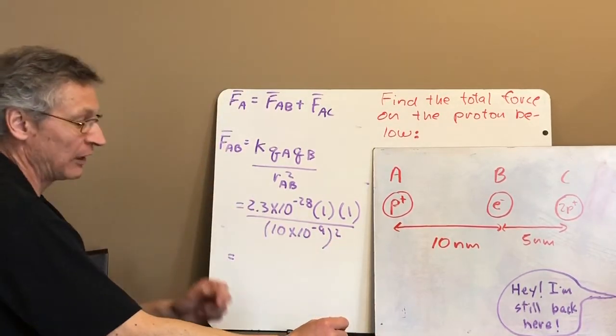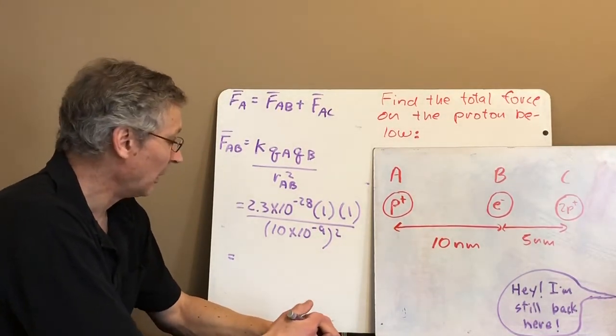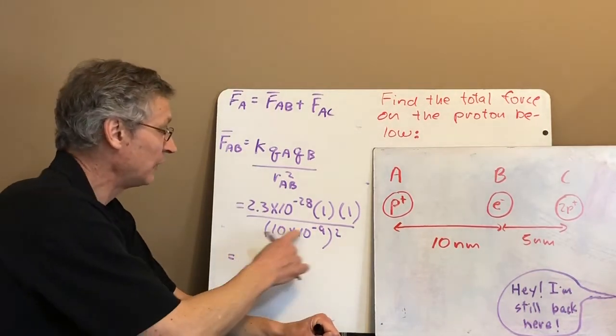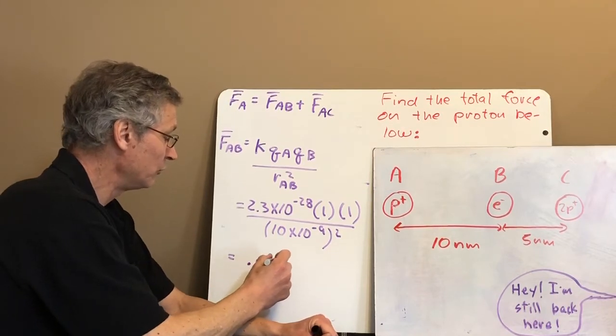And you grind that through your calculator, and what we come up with, you know what? You can probably do this without a calculator. Look at this. 10 squared is 100. 2.3 divided by 100 is 0.023.